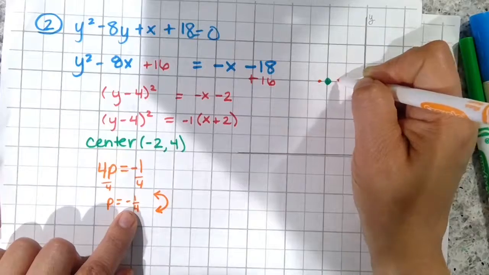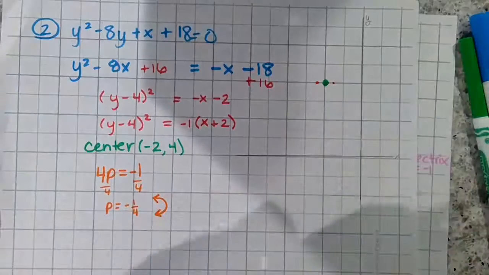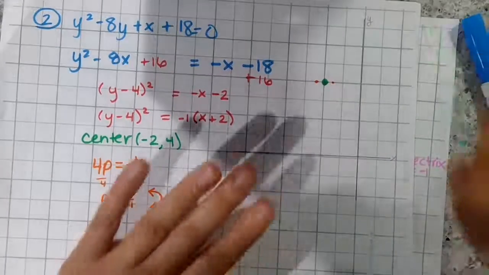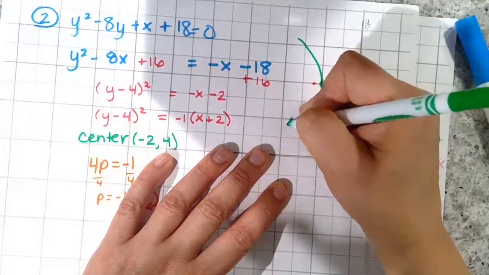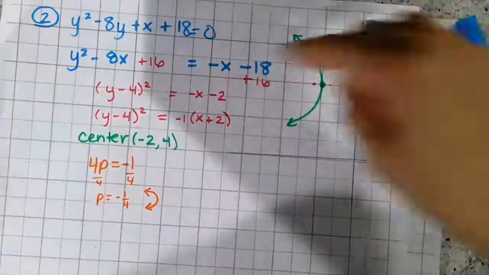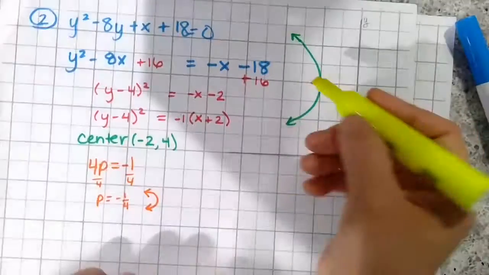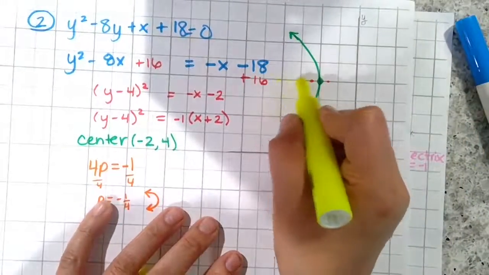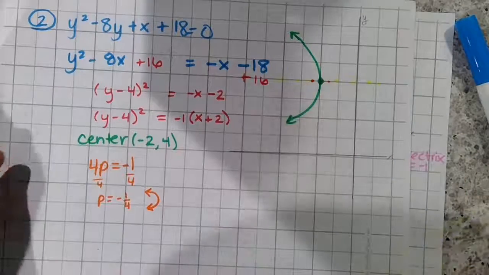Your directrix would be 1/4 of the way out there. Your axis of symmetry, well, let me just draw this. Right now, I'm not showing you how wide. Just know that it's going to be that shape. You would actually have to take points and plug them in to figure out how wide. Okay, so I'm going to go ahead and label all of these points.